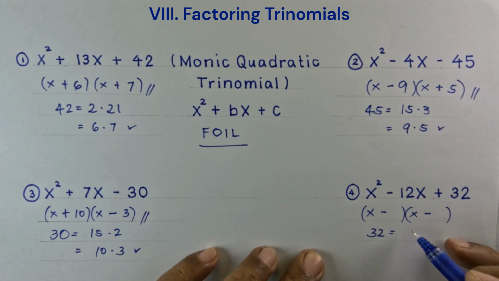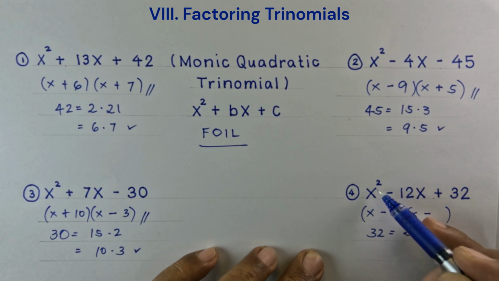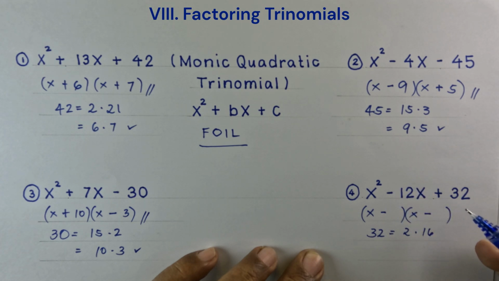So let's try 2 times 16. So 2 times 16 is 32. If I place here the 2 and the 16 there, that would be minus 2 minus 16 is minus 18. But we're looking for minus 12. So this is not a pair.